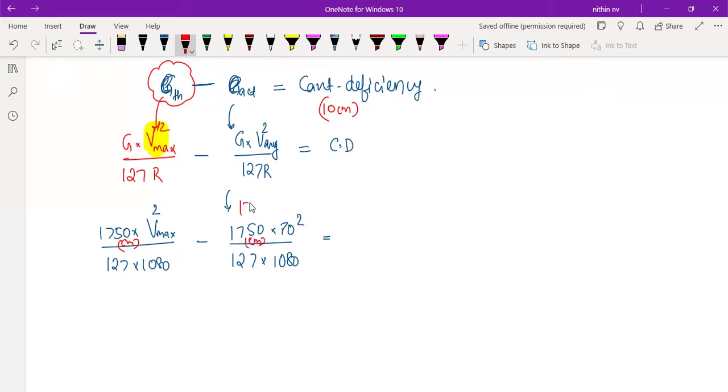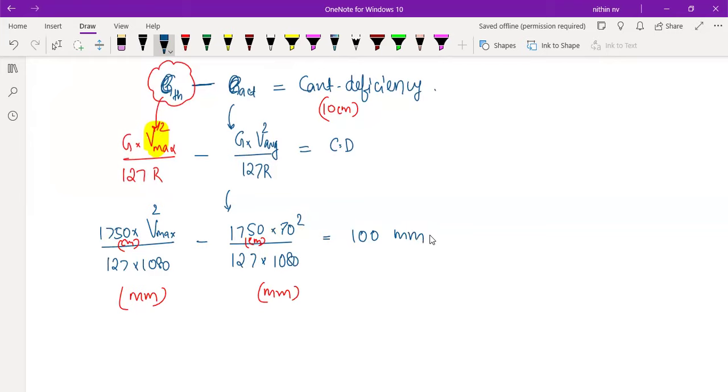No, we need to substitute 175 here, 175 here. Or else what you can do, just keep that 1750, no issue. The only thing is the obtained value will be in mm, right? So these values, definitely it's going to be in mm. This also will be in mm, right? So what you can do, instead of putting 10 on the right hand side, you can keep it as 100.